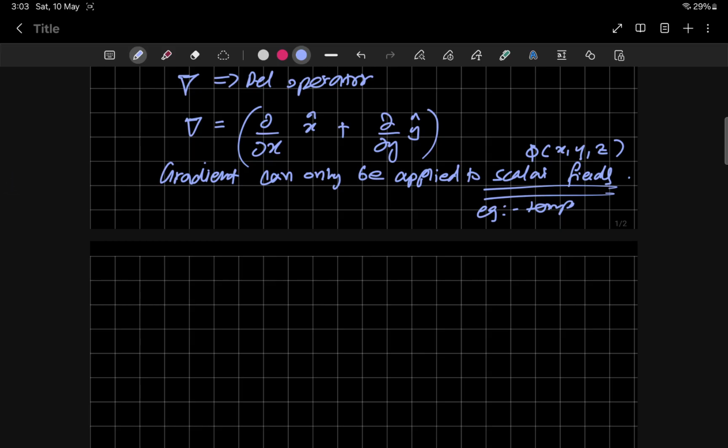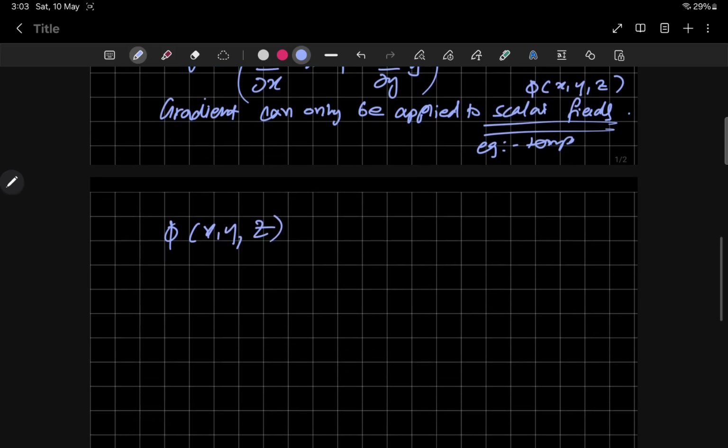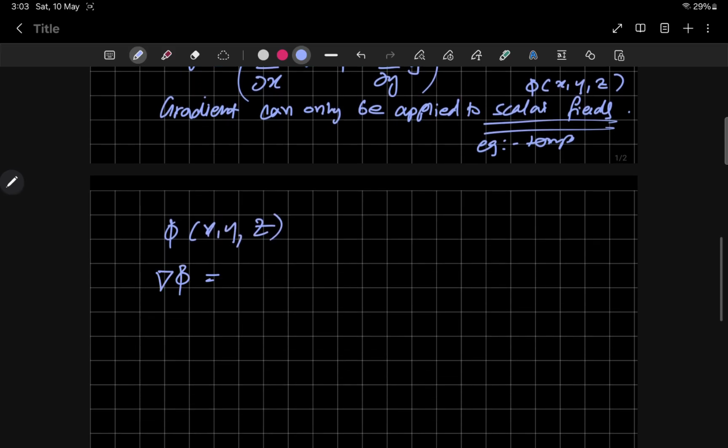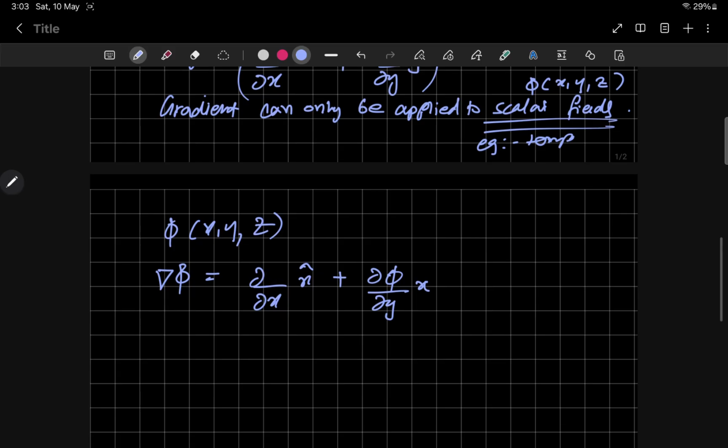That is our gradient. I can also write this: in 3 dimensions, if you have a scalar phi of x, y, z, your gradient of the scalar is denoted as the following.